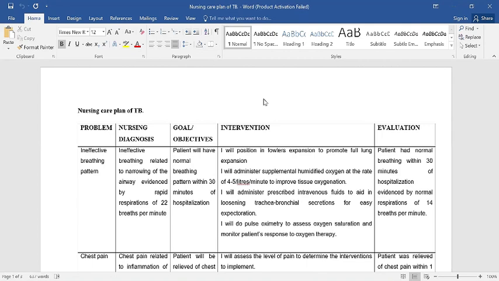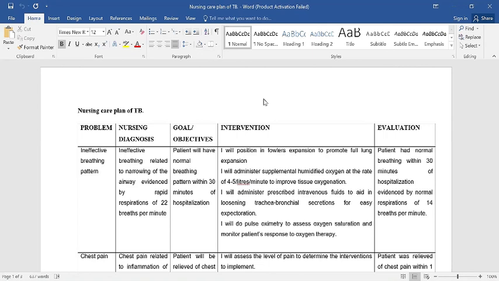So we are going to make sure that we give humidified supplemental oxygen so that we can give the patient enough oxygen because they're having difficulties in breathing. And this will help in terms of improving tissue perfusion.